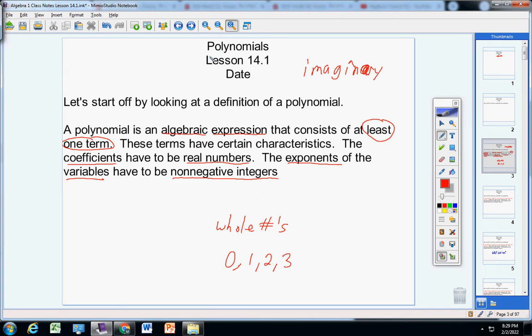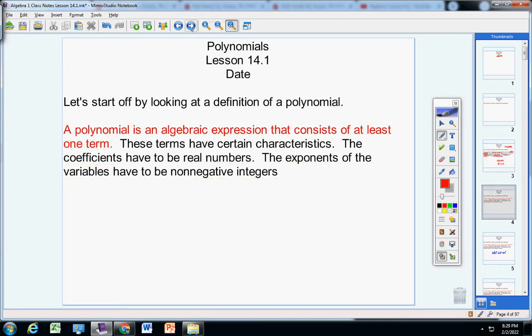0 or greater. So 0, 1, 2, 3, etc. Okay, so let's break this down. Please take really good notes. Are you ready? A polynomial is an algebraic expression that has at least one term. Please copy that in your notes. I think we can all agree that this is an algebraic expression and it has at least one term.